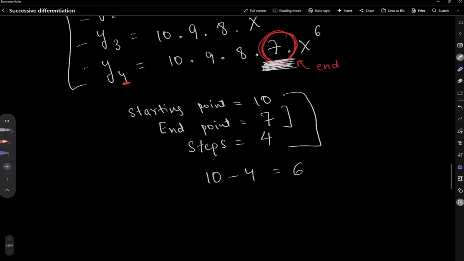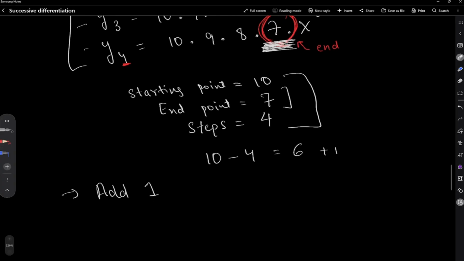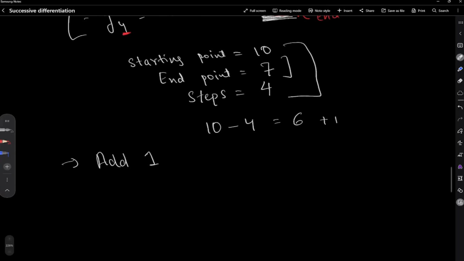So to make it 7, all I do is add 1. That's what we're gonna do. So I can write it as the starting point 10, minus the steps, plus 1.